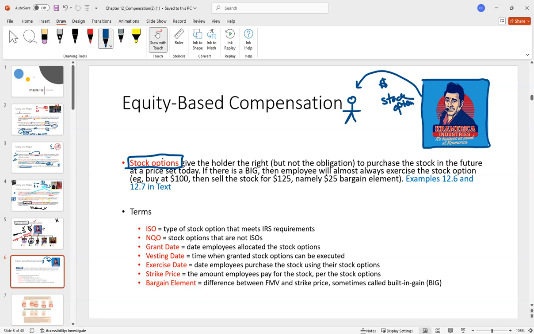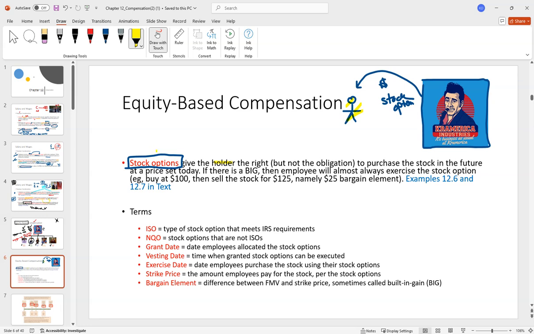What is an option? A stock option gives the holder, the employee, the right, but not the obligation, to purchase the stock in the future at a price we set today. You don't have to take us up on this, but we can give you the right.